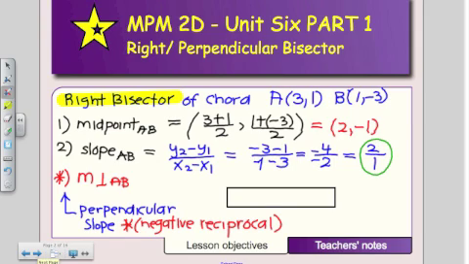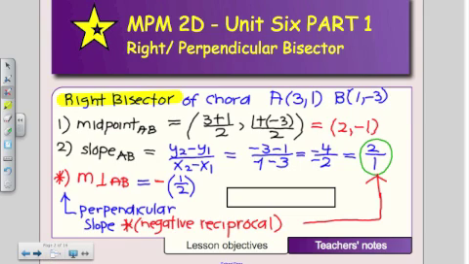So, I know that my slope of AB is 2 over 1. The negative reciprocal of that would be, since we're going to flip the number, instead of 2 over 1, it becomes 1 over 2. And instead of being positive, it's now going to be negative. So my perpendicular slope is -1/2.